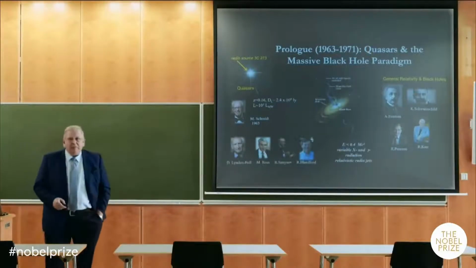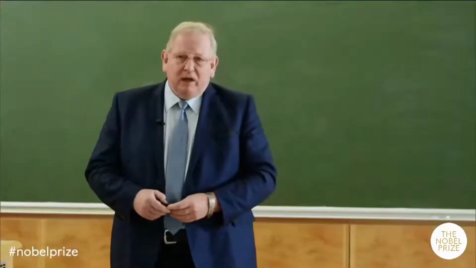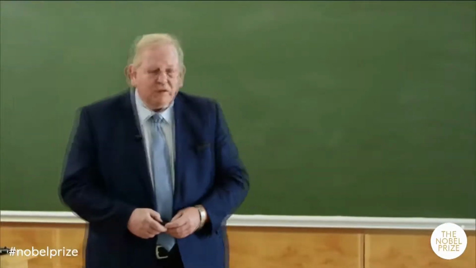Theorists thinking about this then found out that it was basically impossible to explain the radiation produced in these quasars by normal fusion, like in stars. But, and that's the surprising thing, when material spirals into a massive black hole, before the material disappears in the event horizon and therefore escapes from our view, it can release an enormous amount of energy due to the gravitational energy lost, and that can be up to 40% mc squared.